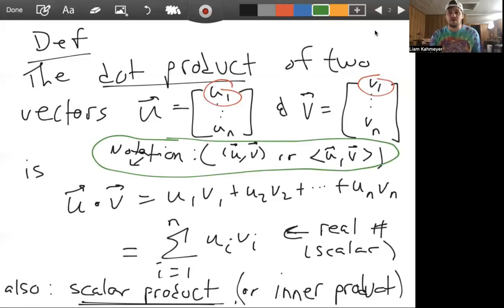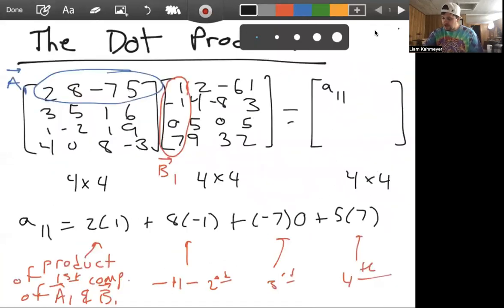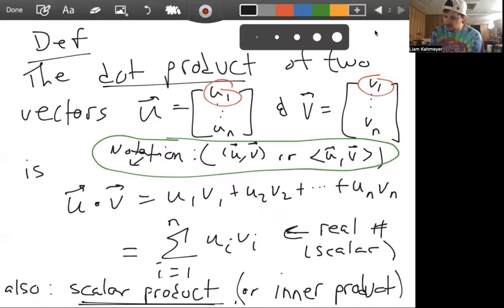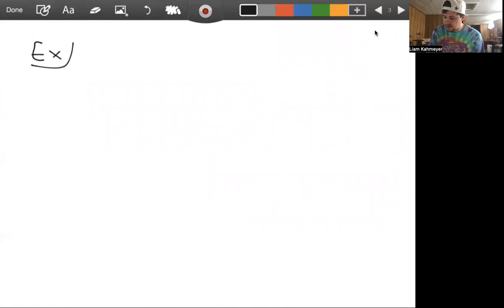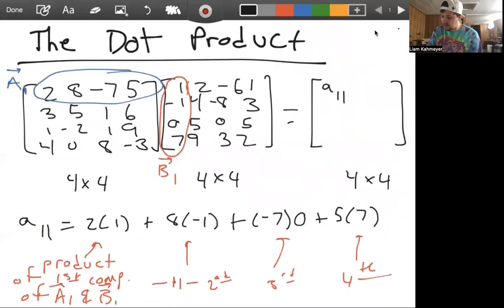This is still just dot product or scalar product or inner product, right? These are synonymous in vocabulary and also in notation here. Cool. So let's look at an example. If we had the vector u as 1, -1, 0, 7, and then this was our B1, right?